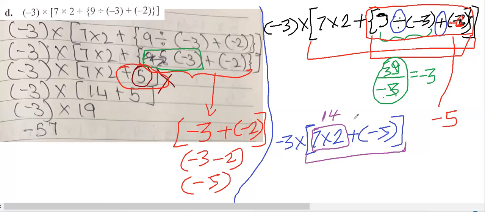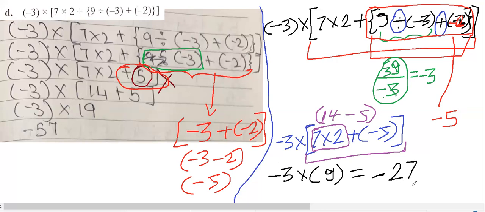And this plus into minus will be minus, and this will be 5. Clear? So what is 14 minus 5? Tell me. 9. Yes, it is 9. Correct? And then what is 9 times minus 3? Minus 27. Yes, right. It is minus 27 is the answer.